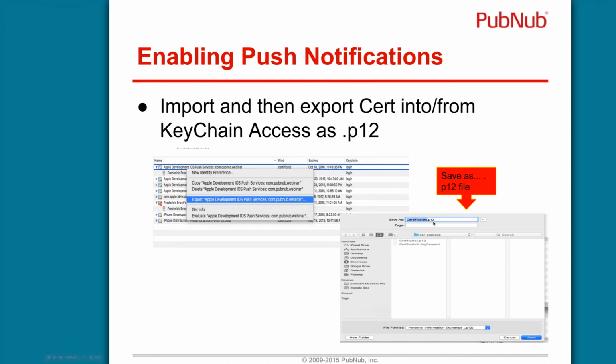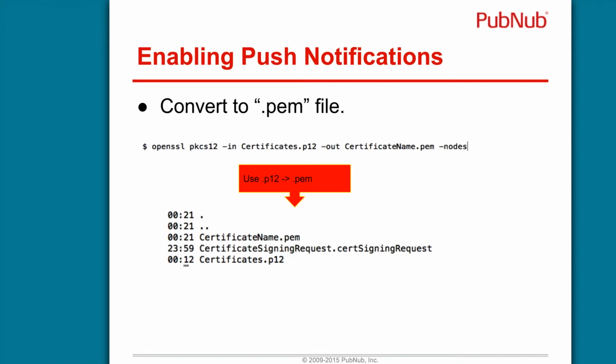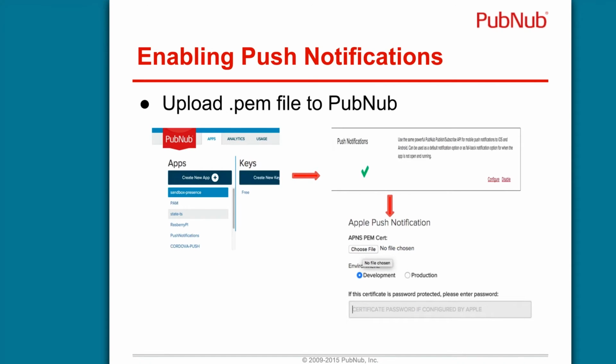Export that certificate as a P12, okay? Then convert that P12 to a PEM, okay? Once you have the PEM, head back to the PubNub developer console, select the correct application and key, make sure that push notifications is enabled, click configure, and upload the certificate into the PubNub developer console.